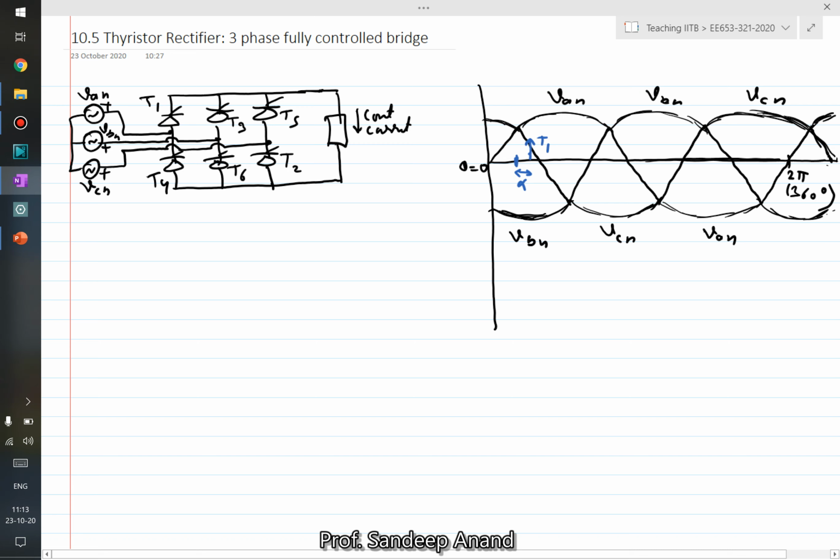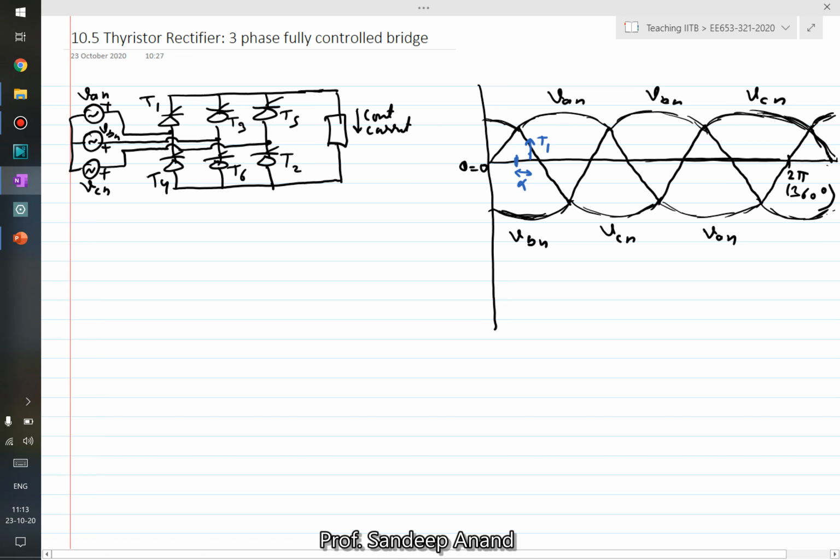So here also, similar to the three-phase three-pulse circuit, we define alpha with respect to the angle 30 degrees and not with respect to the angle 0 degrees when we talk about the phase voltage VAN. And that is because the natural conduction would start at 30 degrees. So we define alpha starting from 30 degrees. So the difference between these two things as shown in the figure is nothing but alpha.